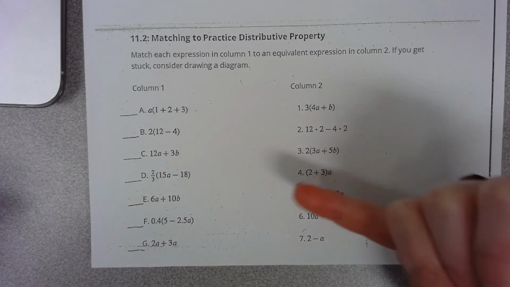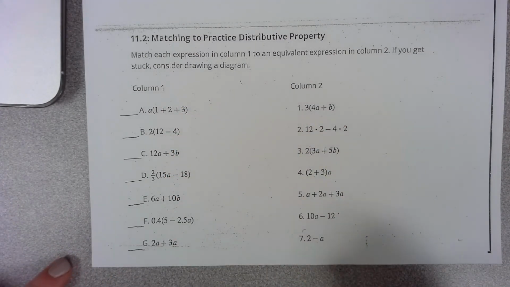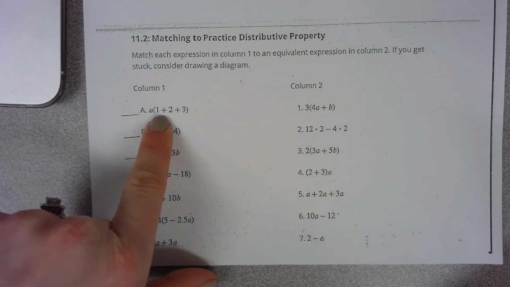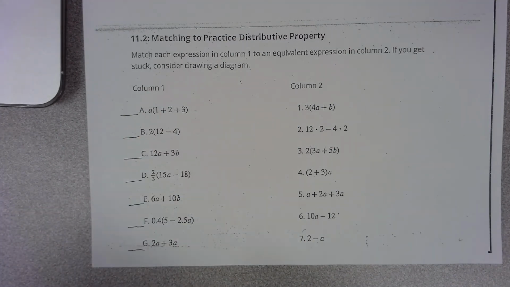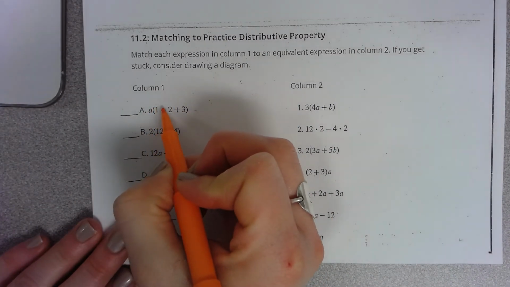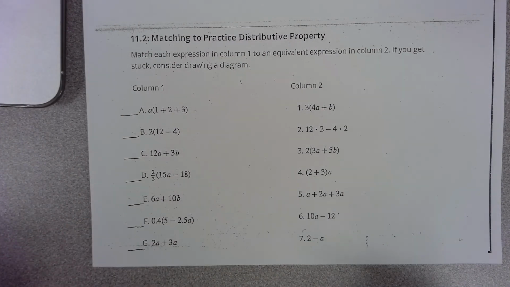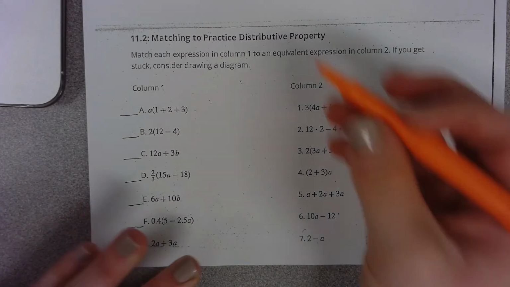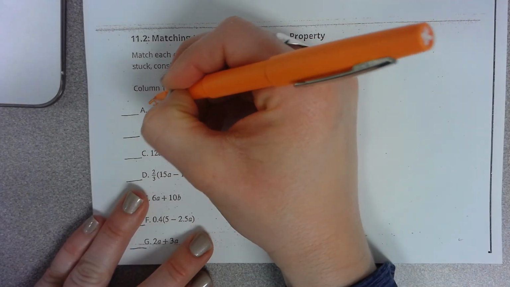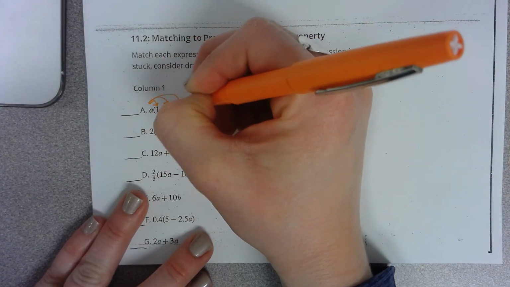So I'm going to do letter A with you right now. Letter A is A times the group of 1 plus 2 plus 3. Now, this looks a lot different than what we were working on up above and in the 2 lessons prior to this. However, the distributive property can still be used the same way. So I'm going to distribute my A to everyone on the inside, which means I'm left with 1A, because you're multiplying them together.